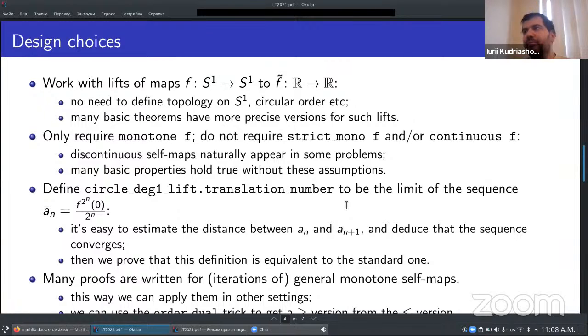So you have a very good estimate on the rate of convergence.